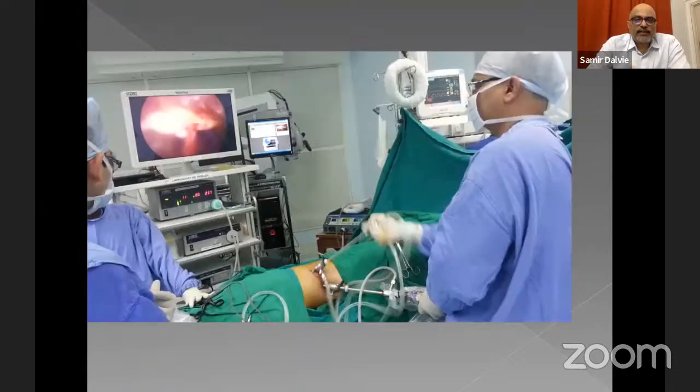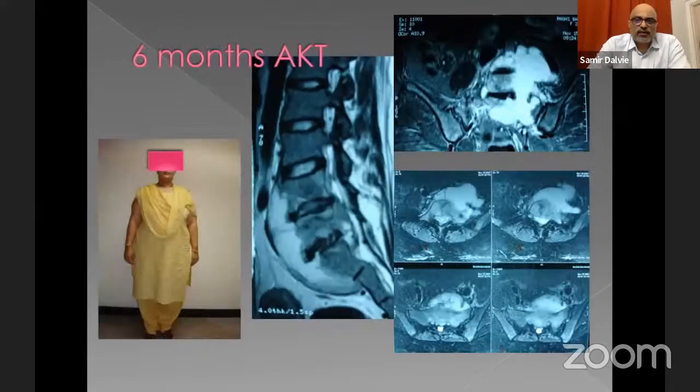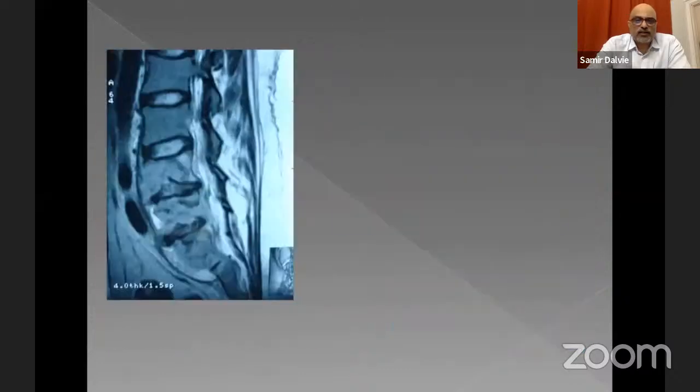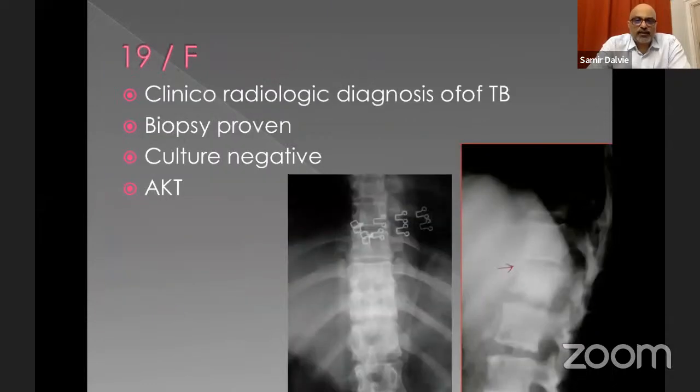So this is one where we drain. This is drained with a retroperitoneoscopic approach. Through small incisions, we do a retroperitoneoscopy and we are able to drain this. With the drainage and the AKT, it completely healed up and the scars are not even visible. So this is one way of doing it.